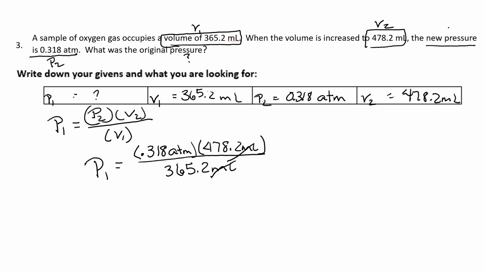Milliliters cancel out. Plug the numbers into the calculator, and you should come up with a P1 of 0.42 atm.